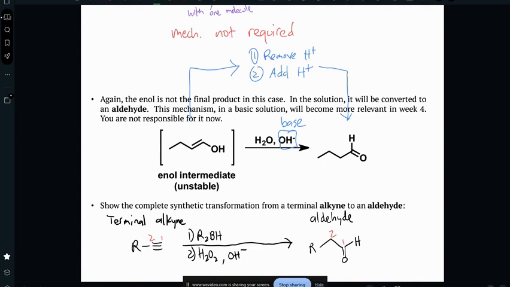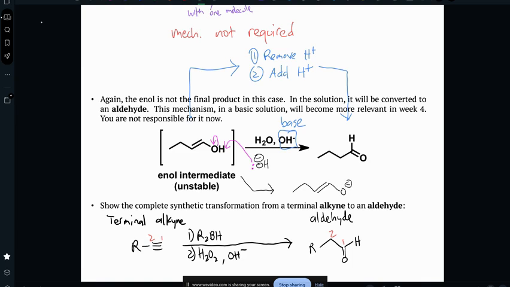I will show the mechanism for this tautomerization now in case you're interested, but you can stop if you'd like. The way this would work is first, my base would deprotonate the OH group. That would give an intermediate that looks like this.